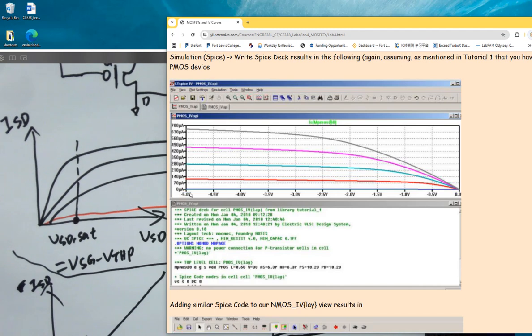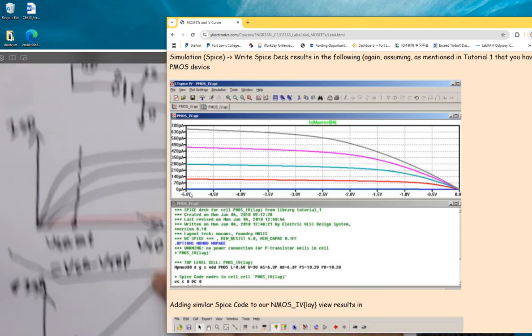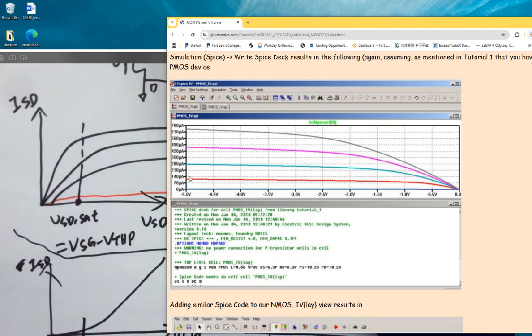The reason for that is, first, if we just look at this curve, is that VGS to IDS or VGS to VDS, IDS? Definitely the y-axis is the current, right? The y-axis is the current. So the x-axis is going to be VSD.